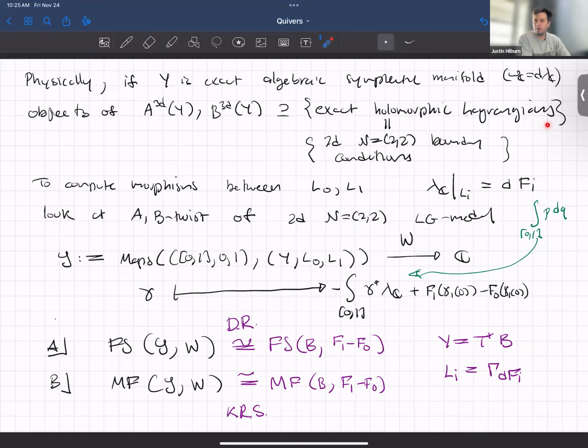I'm going to want to impose a superpotential, and I'm telling you that the one I'm going to end up needing is the one that comes like this.